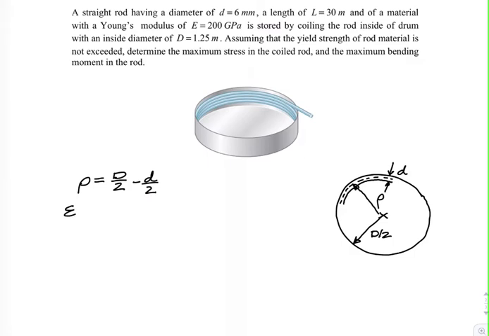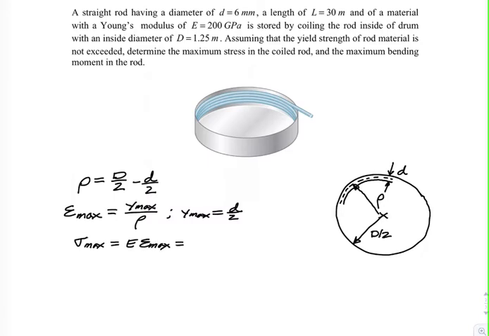We're going to use the equation that for pure bending, which is what we have when the deflection is purely circular, the strain is the maximum value of y, that is the distance from the neutral plane, divided by rho. In this case, y max is just that outer distance of d over 2. We also know that sigma max is equal to E times the maximum strain.